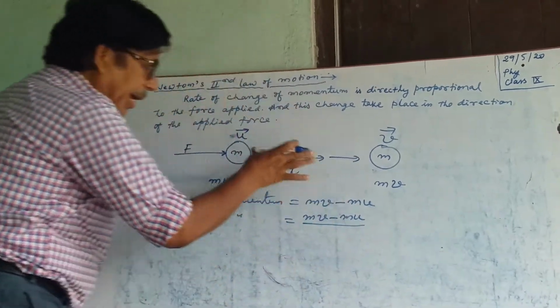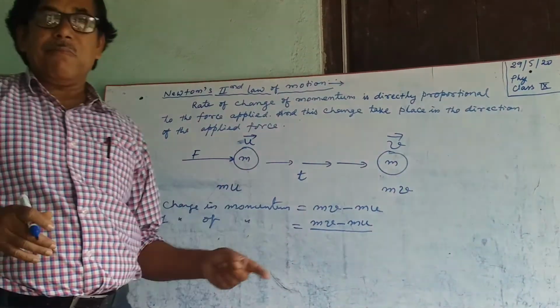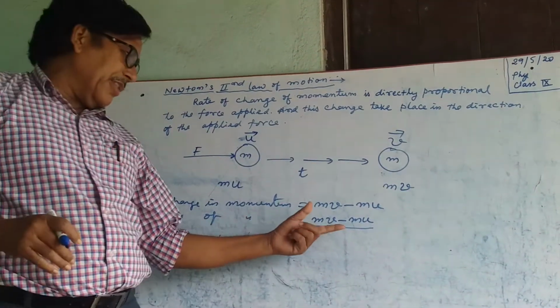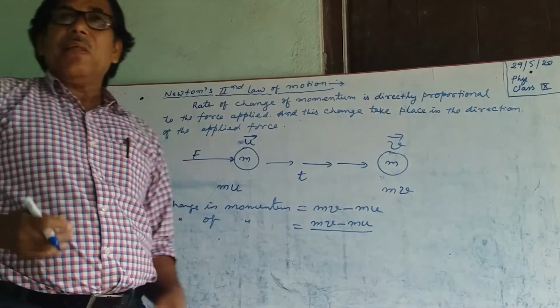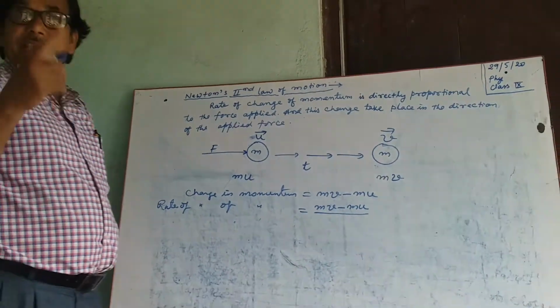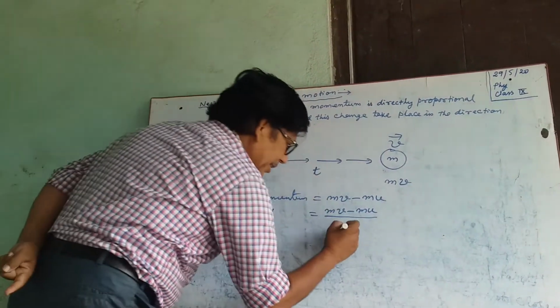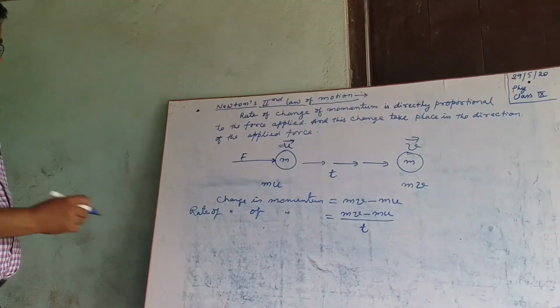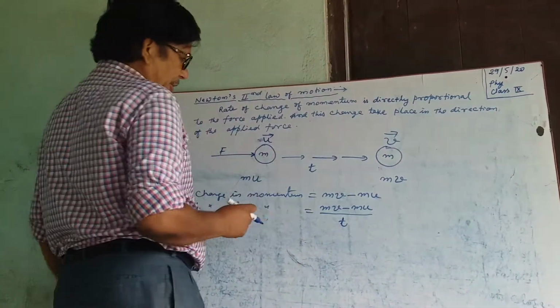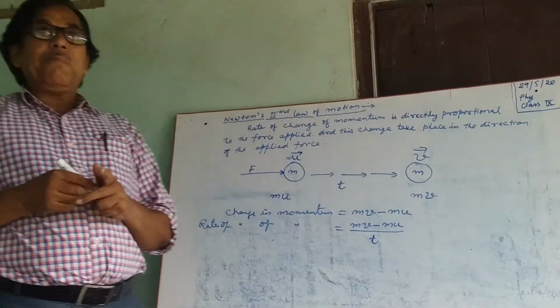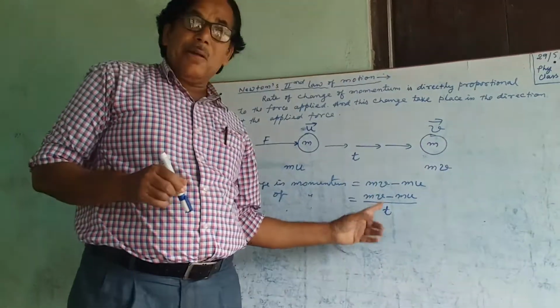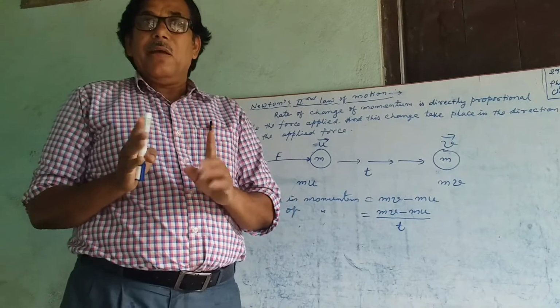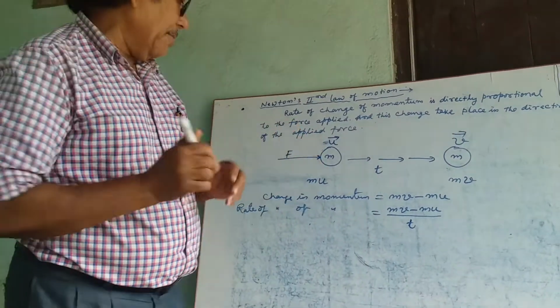How much time is taken for this change? t time. In t time this change occurs, so in unit time, the rate of change of momentum is (mv minus mu) divided by t.